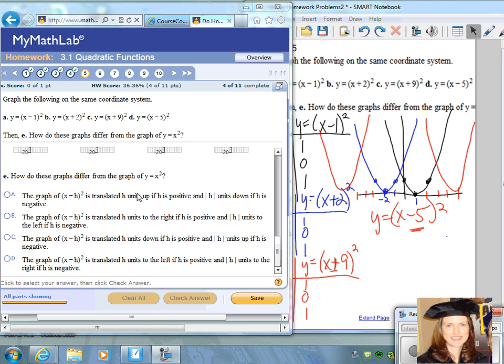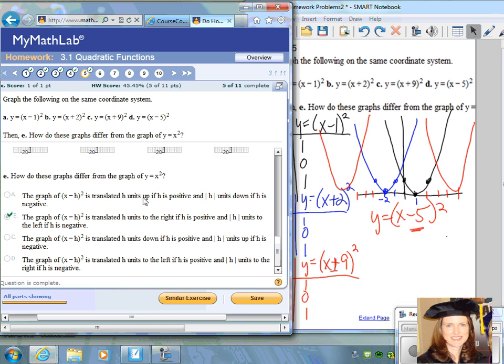So we can eliminate choice A and choice C because those involved shifting the graph up or down. These graphs are definitely shifted to the right or left. The graphs are shifted to the right h units if h is positive. Now there is a minus sign, so if x minus 1, the 1 is h and 1 is positive. So choice B, I'm going to check that is the correct answer.